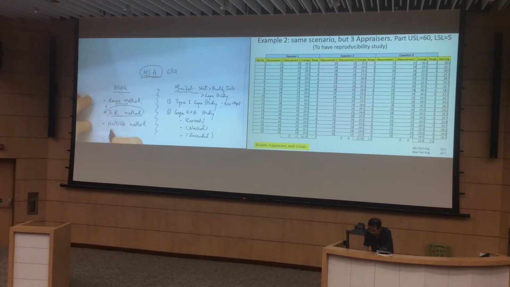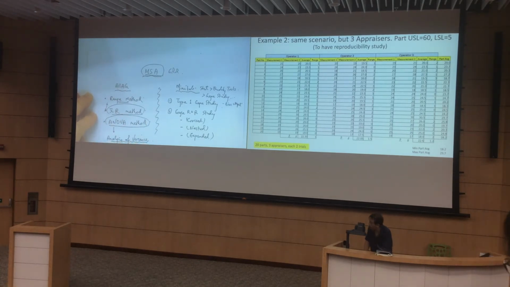And there's another method called the ANOVA method. This is called analysis of variance, and I'm not covering it here. What we do in Minitab, Minitab gives you all the methods available. The reason I'm not covering analysis of variance here is that it is very computationally intensive.